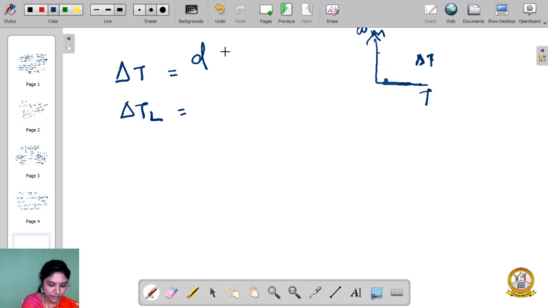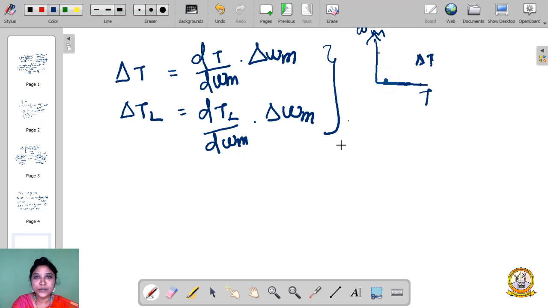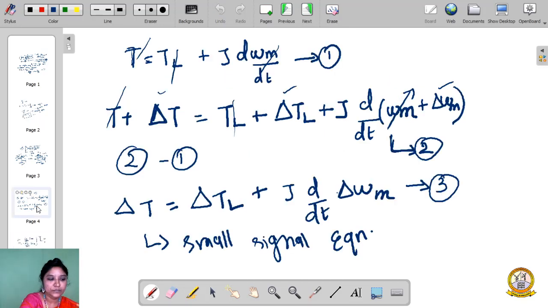So delta T by delta omega m into del omega m. Likewise for delta TL, we take the slope, dTL by d omega m into del omega m. We are going to substitute these delta T and delta TL in the previous equation.